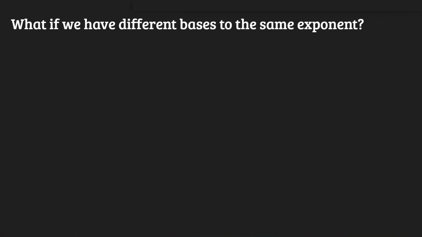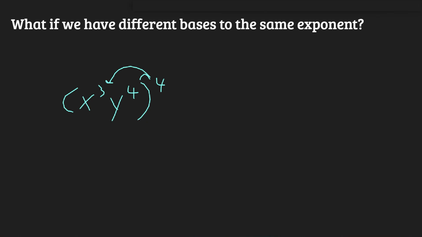Now, this is the last rule that we'll go over, but what if we have different bases to the same exponent? So let's say we have, inside parentheses, x to the power of 3 times y to the power of 4, and this is all to the power of 4. Now, we can actually treat this as just a distribution problem. We can distribute this 4 to the y and the x separately.